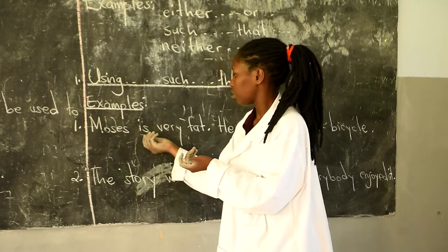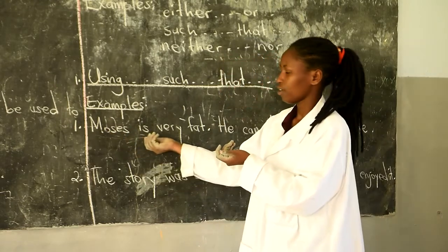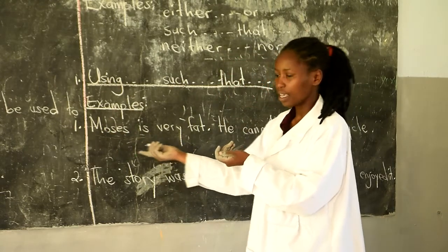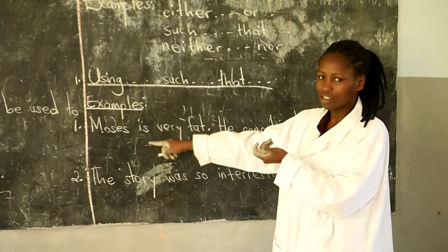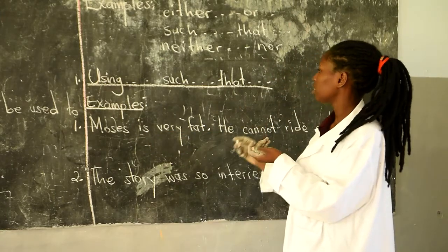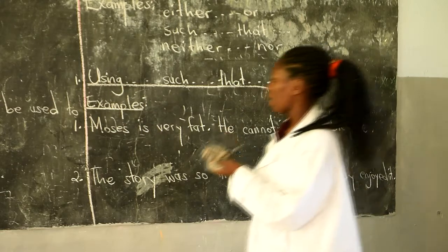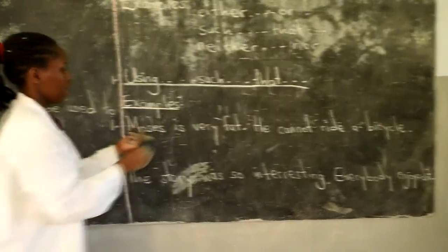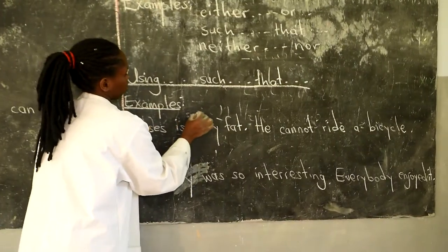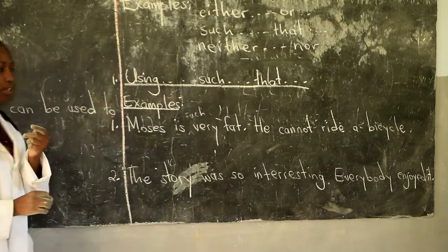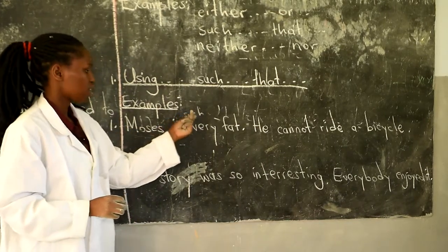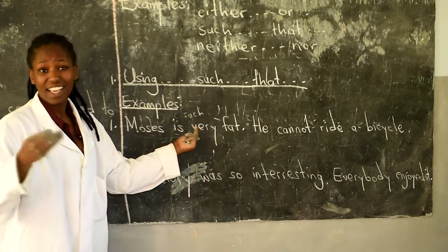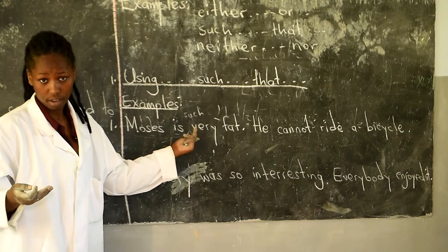Moses is. When you reach at is, you put such. Moses is such. The word very is expressing degree.